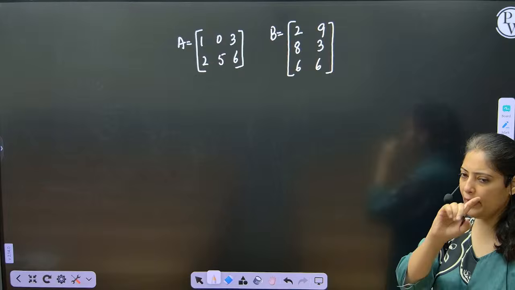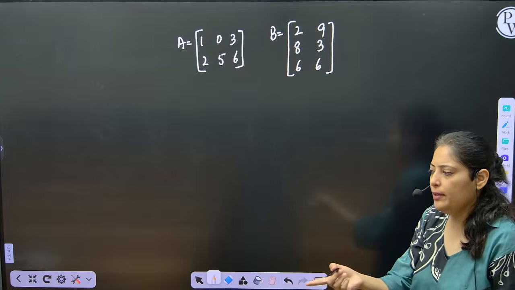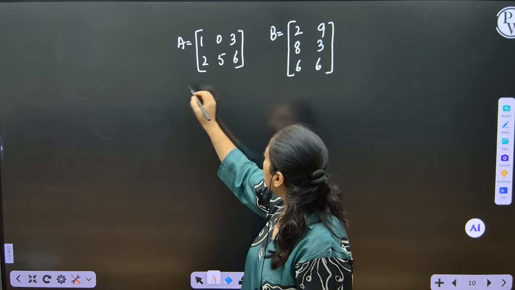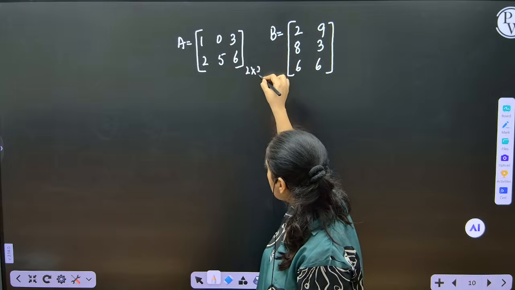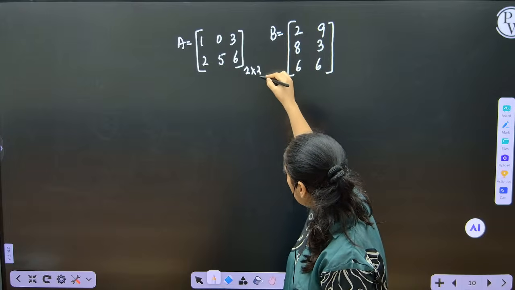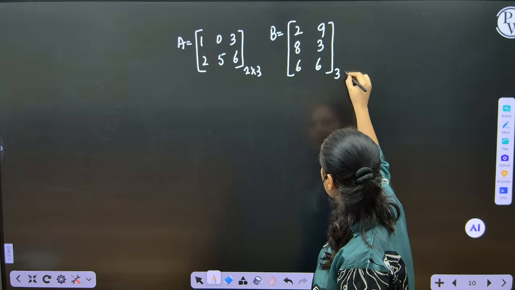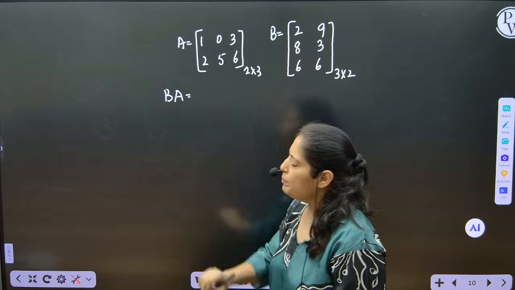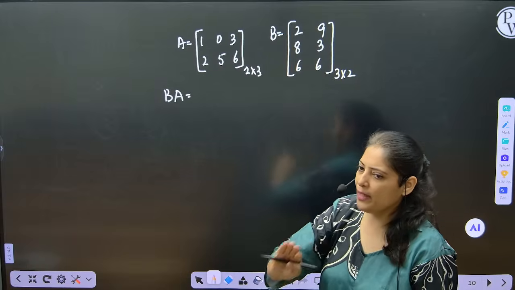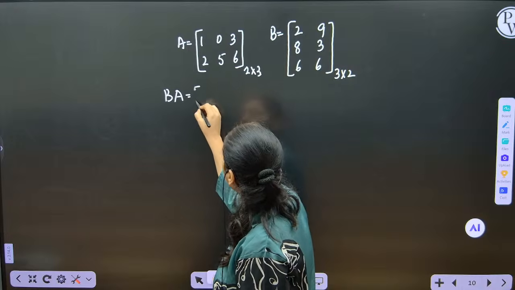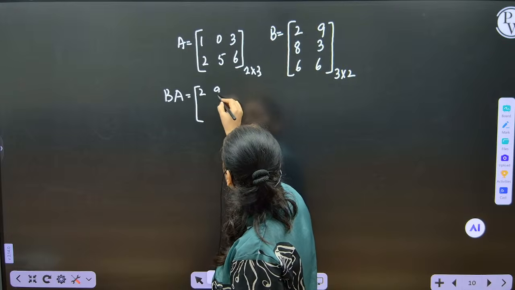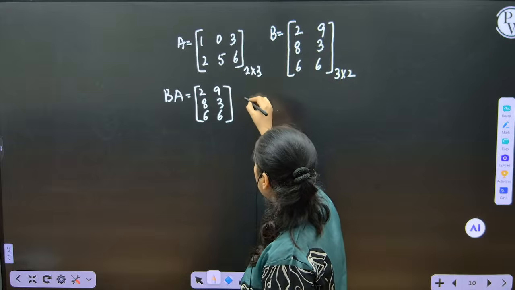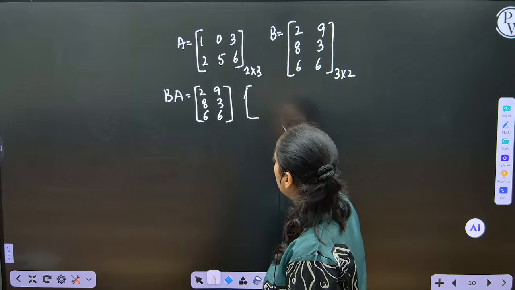Alright, earlier we did A into B, now we will do B into A. The order of A was 2 cross 3, the order of B is 3 cross 2. Now BA. BA means what? First we'll keep the elements of B, 2, 9, 8, 3, 6, 6.